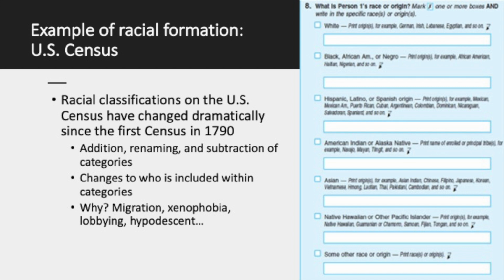So migration is one reason for changes in racial classifications on the census. But we also see xenophobia or anti-immigrant sentiment driving the addition or subtraction, naming of categories in US history. Lobbying from special interest groups who want certain racial identities to be added or renamed.